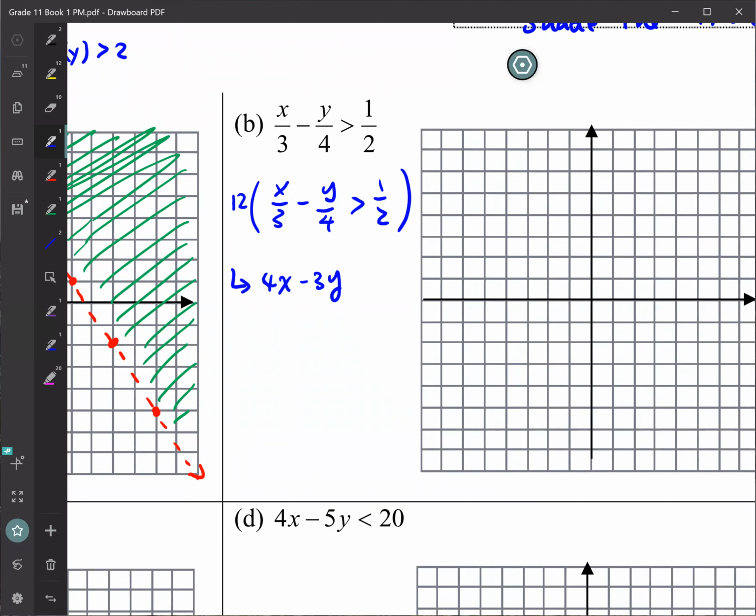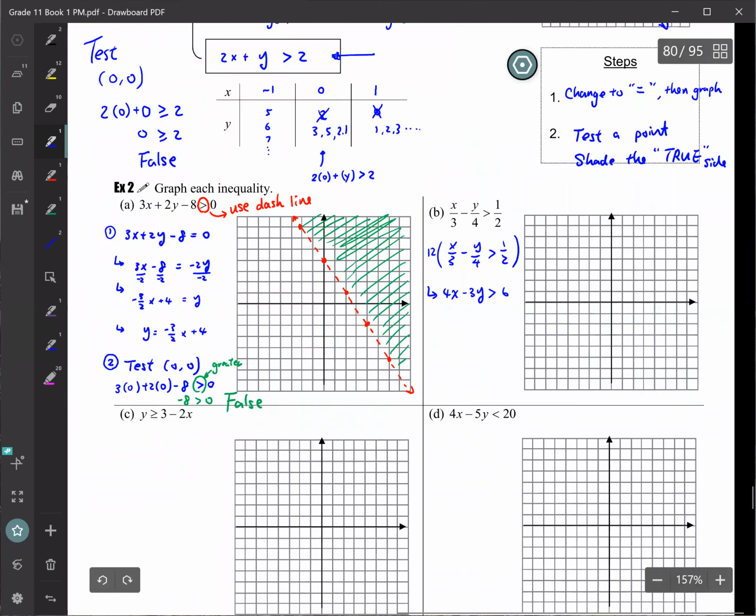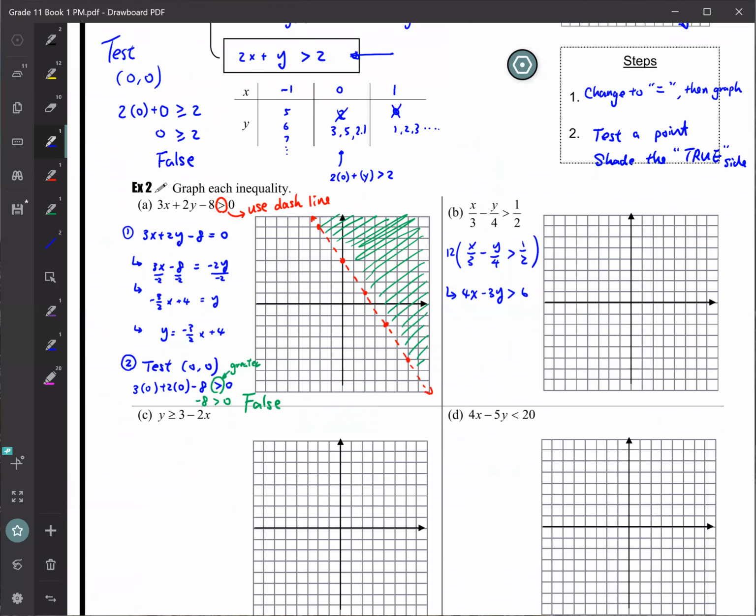And then it's greater, and it'll be 6. Okay, so now the question looks similar to question A.